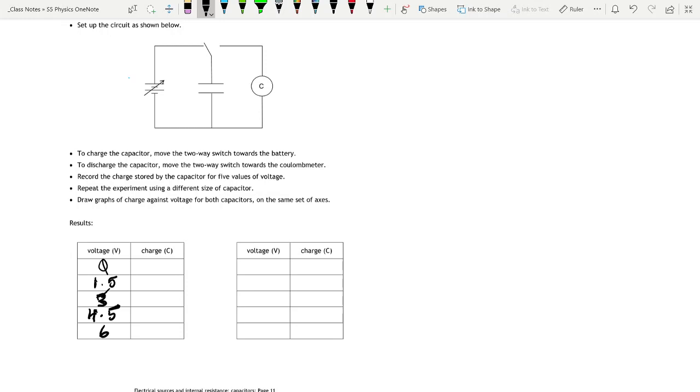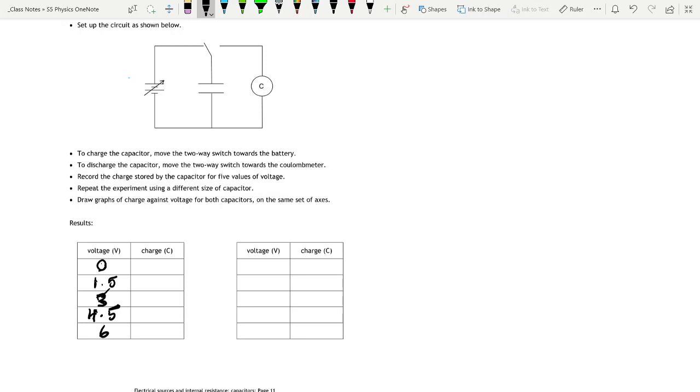And what you're going to do is connect the battery at various different voltages to the capacitor, charge them up, and then wait a few seconds, then you discharge it through the coulomb meter. The coulomb meter will tell you how much charge was stored in that capacitor. And then you move to 3 volts and you do the same. So you charge it up, wait for it to fully charge, then discharge it through the coulomb meter, and the coulomb meter will tell you how much charge it stored that time.